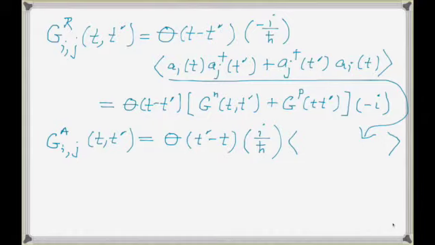Okay, right. And now for the spectral function. So this is 1 over h bar times the anti-commutation of a_i(t) and a_j dagger(t prime).